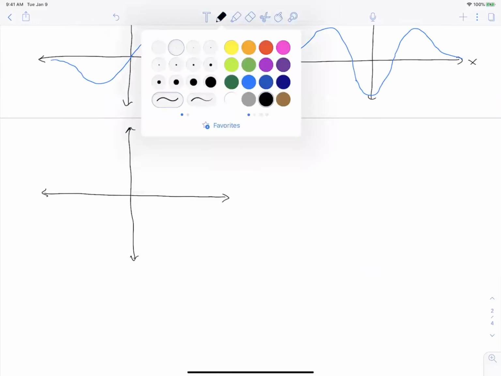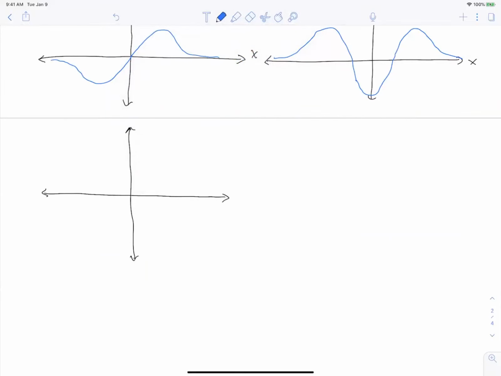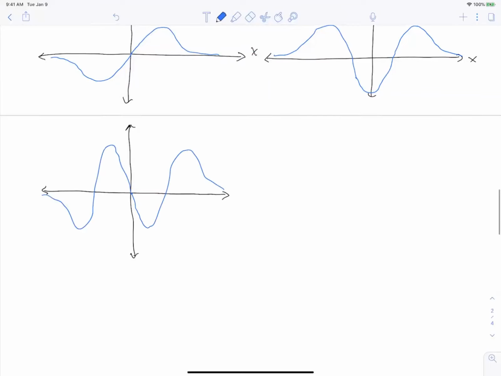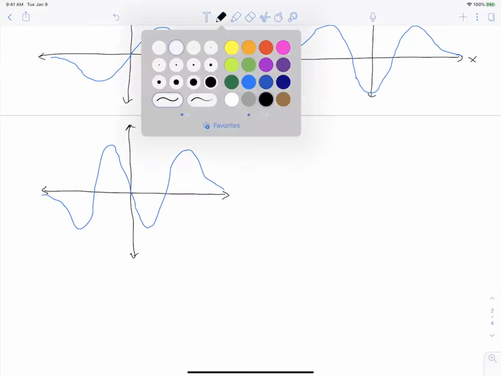It goes through 0 here, and it goes through 0 kind of like that. It does something like that. This is psi 3 of x.